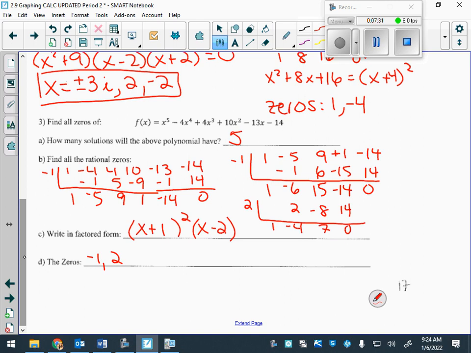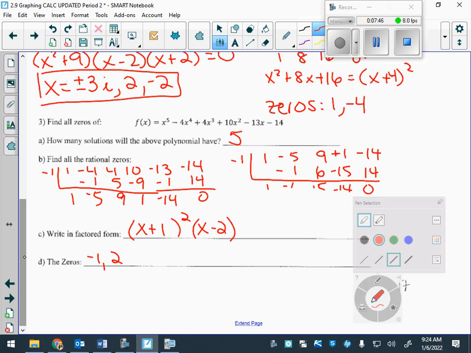Then you're left with your other factors, x squared minus 4x plus 7. Can that be factored? If that can't be factored, what do we have to use to find the other zeros?